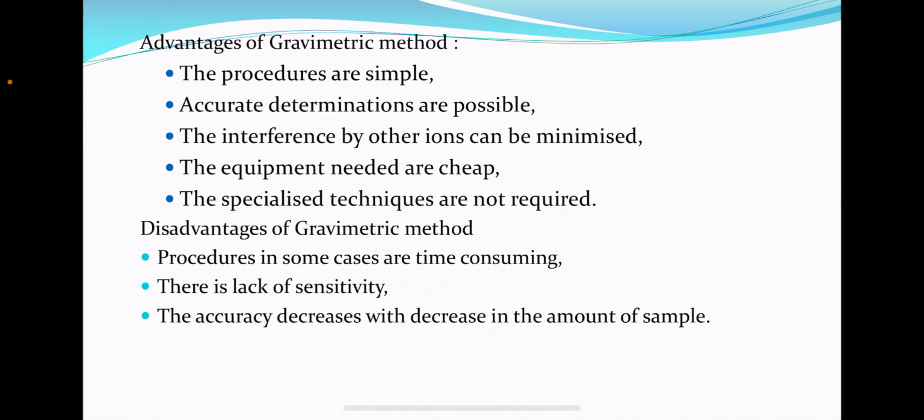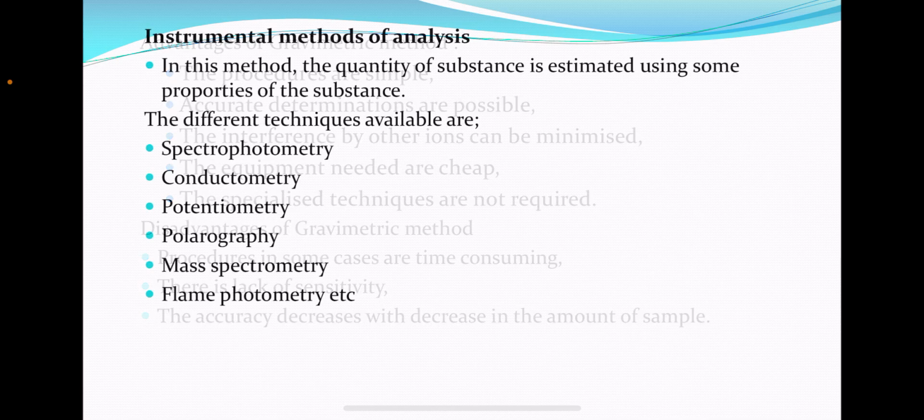In quantitative analysis we saw volumetric analysis and gravimetric analysis, and gravimetric analysis is used to determine the mass of a compound by weighing it. So this is about gravimetric methods of analysis.